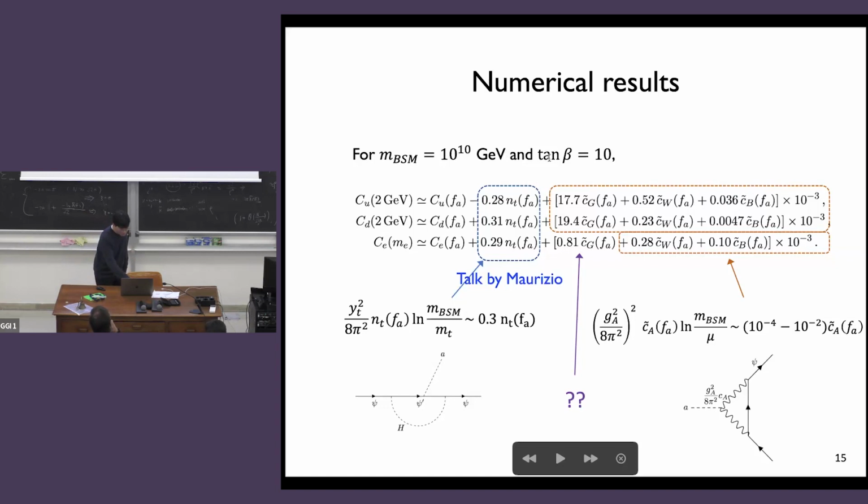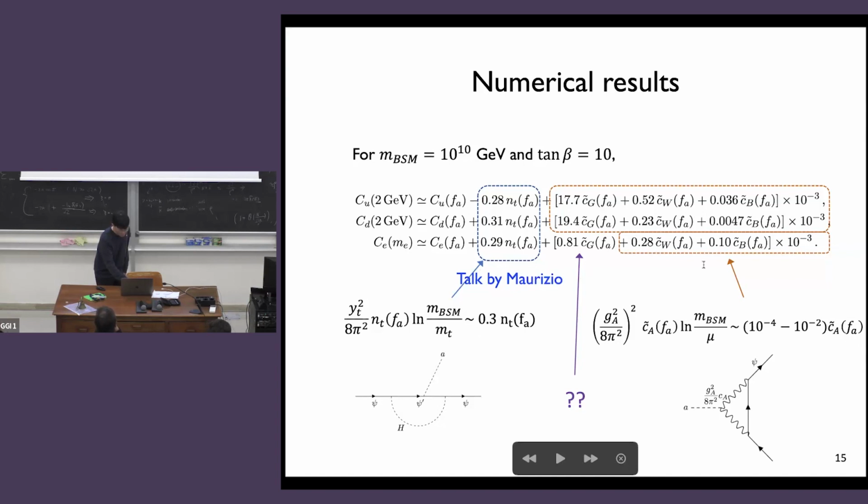And to cover the DFSZ model, we take the tan beta parameter to be 10. Then this corresponds to the one-loop contribution. It should be given by N_t times a logarithm factor times one factor, so it agrees with this naive expectation.